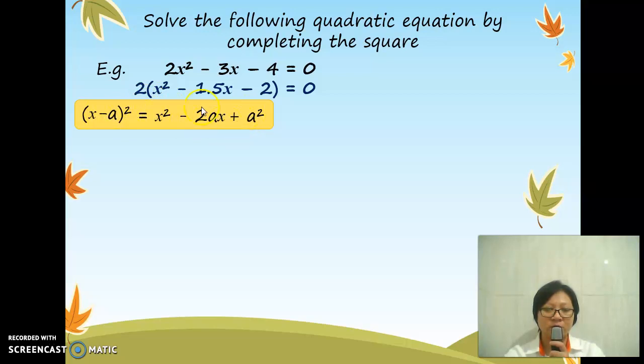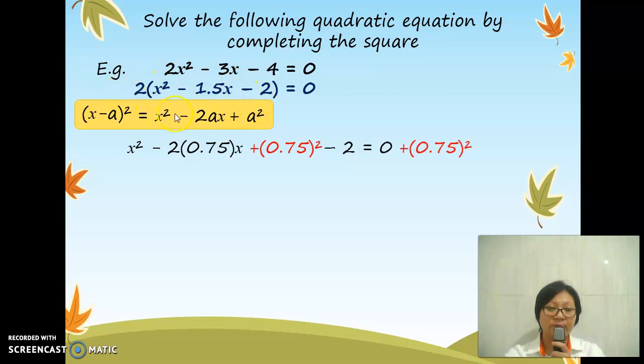And using expansion, now we need to use the expression inside the brackets only. You can leave out the 2 here. So we need to break 1.5 into 2 times 0.75. So we can get the value of a, and after that we square the value of a. The same way as the previous example.